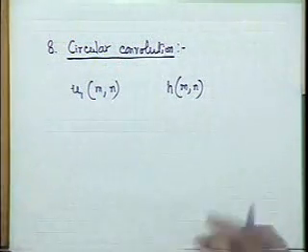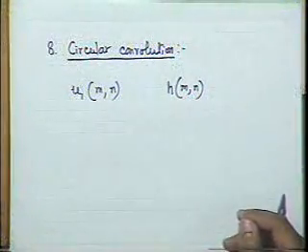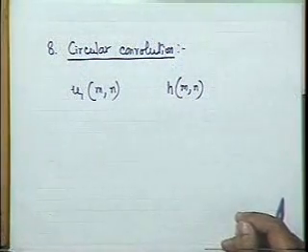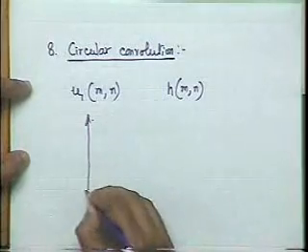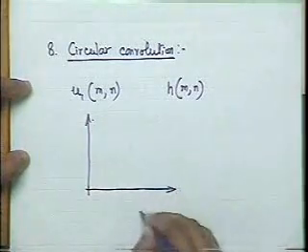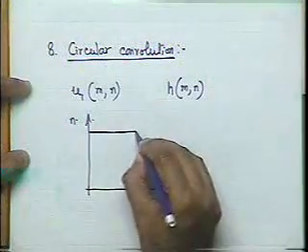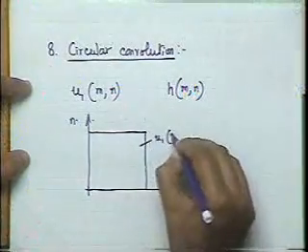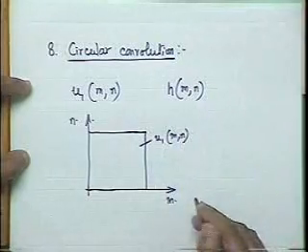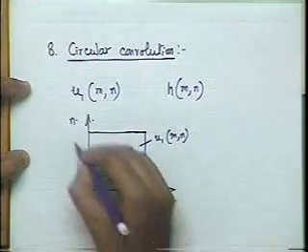So if I consider the mn space like this, supposing this is the m direction, this is the n direction, and I assume that u1 of mn is defined within the range of 0 to n minus 1 in the m direction and within the range of 0 to n minus 1 in the n direction. So u1 of mn is really an n by n image.